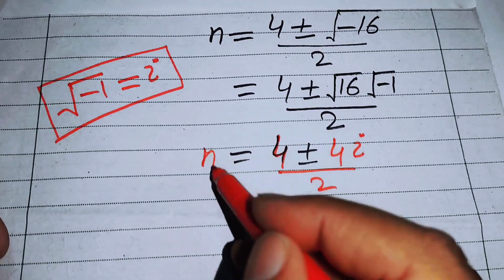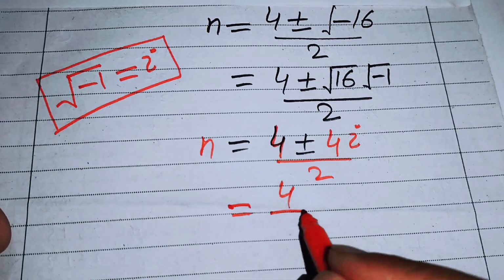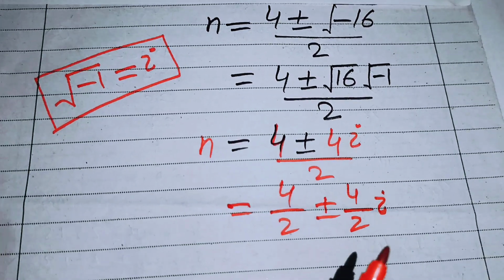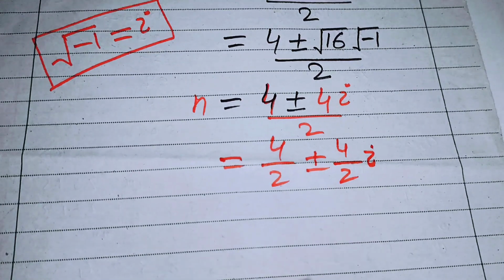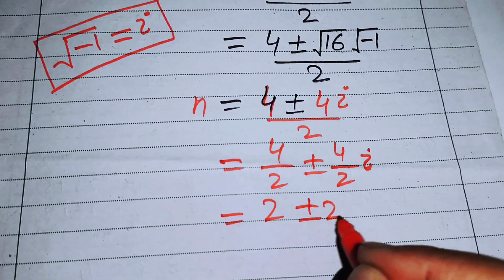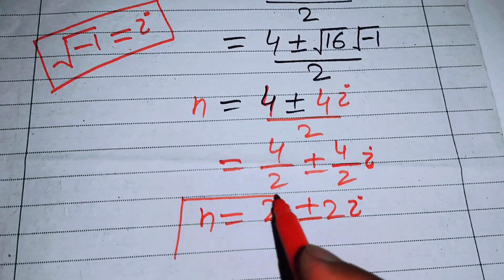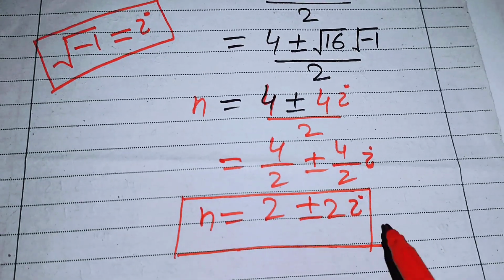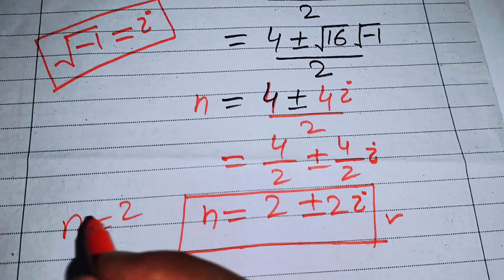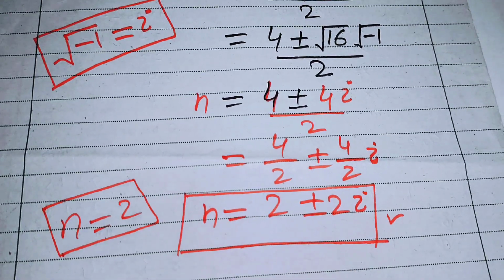And now we can separate these terms, and you can write it as 4 over 2 plus minus 4 over 2 iota, and we will cancel some terms here, and you get 2 plus minus 2 iota. So these are our other complex roots of this problem, and here you have n is equal to 2 as the one real root, and these are the two other complex roots.